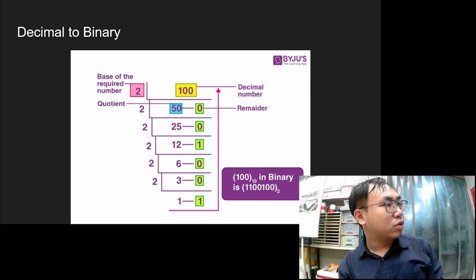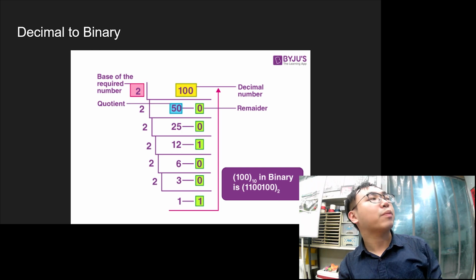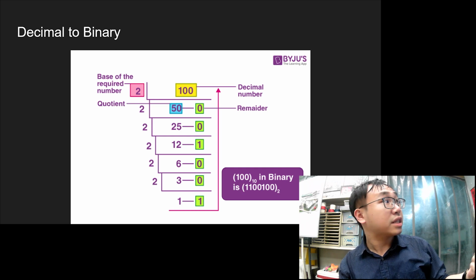The first digit is this one. So 100 can be represented as 1100100, just by doing the long division and collecting all the remainders.